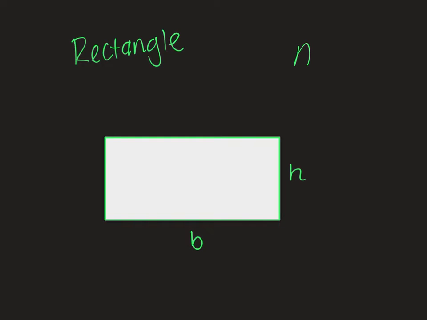So area of a rectangle is base times height. Easy enough. So let's say our base is 10 and our height is 2. So that means we would do 10 times 2, which is 20.